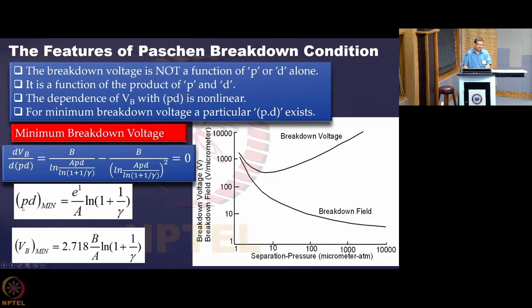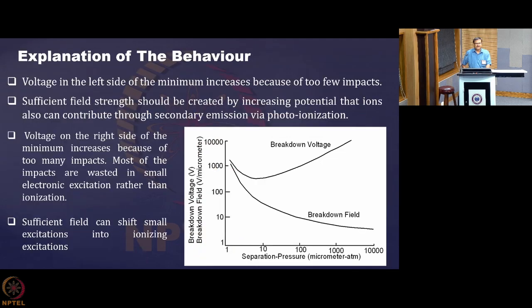But if your P is low, then you can increase D. That is how you can break down a larger gap at lower pressure applying the same external voltage. Okay. So with this I conclude this part of the Paschen breakdown condition, and then I will explain why the nature of the Paschen breakdown curve is like this.